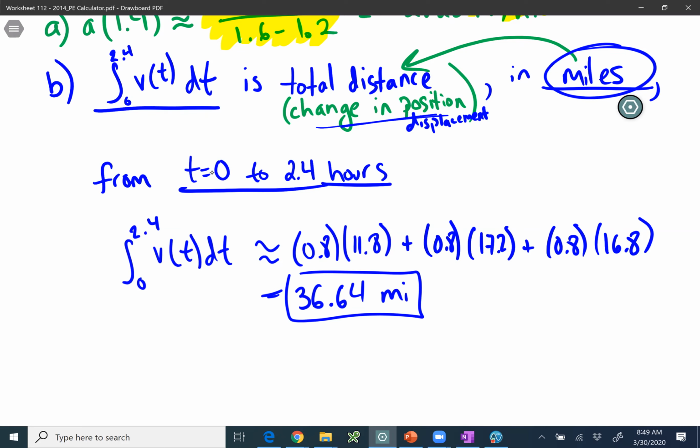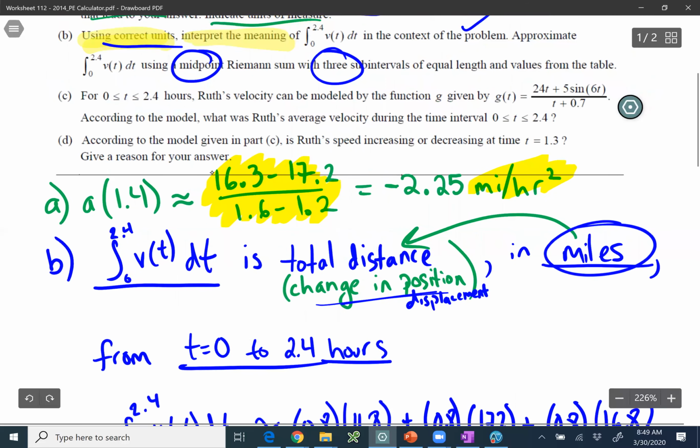Okay, C says for 0 to 2.4, Ruth's velocity can be modeled by the function given by g of t equals 24t plus 5 sine of 6t all over t plus 0.7. And according to this model, what was Ruth's average velocity during that time?